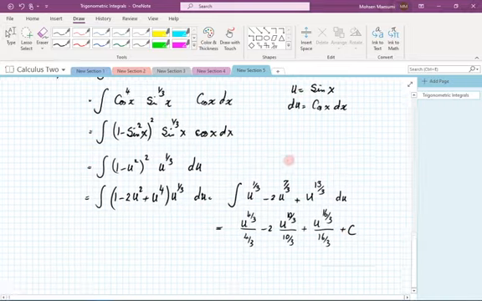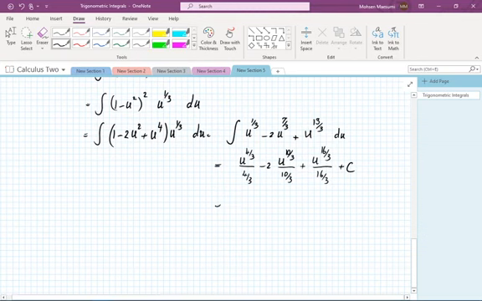Our u is sine of x, so cleaning up these fractions, this is 3/4 of sine of x to the power of 4/3. This becomes 6/10 of sine of x to the power of 10/3, and then this becomes 3/16 of sine of x to the power of 16/3, and then you throw in a constant for good measure. So that's another example of this.